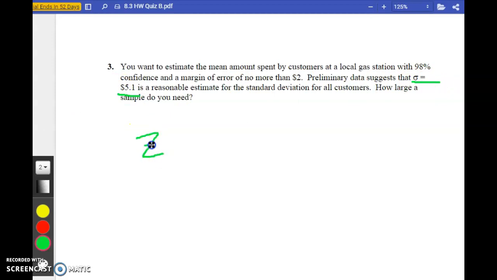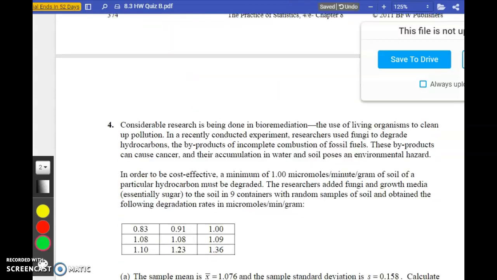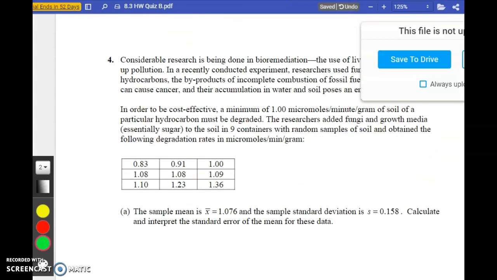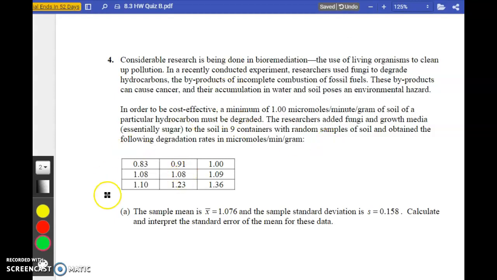That means you're doing a z interval, either in the calculator or using the formula. And then the last question, here you're given some sample data. So this is from a sample. So it's kind of shouting at you, well, this is probably a t distribution. So down here, you would be using a t interval.